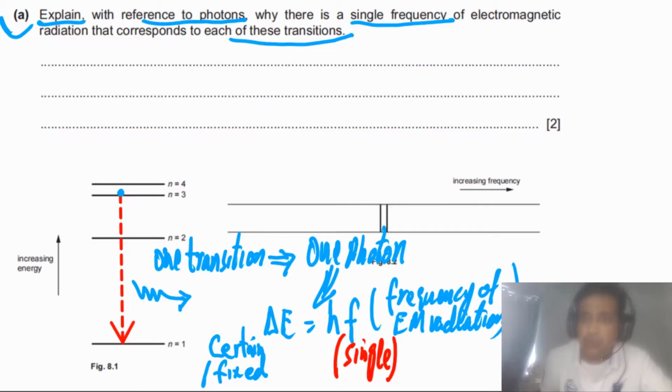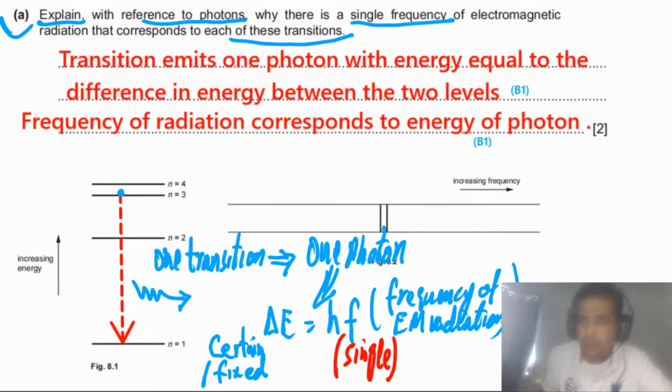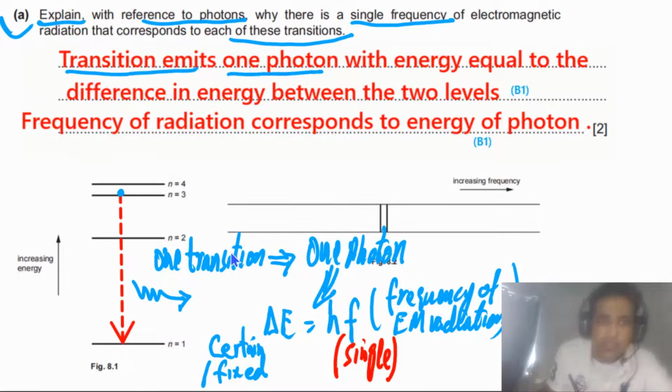Now let me show you how you can write down the answer for this question. In order to write the answer, you have to include these points. The first one, you can say the transition emits one photon, as we have discussed here, one transition, one photon, with energy equal to the difference in energy between the energy levels, meaning between two levels, delta E. This is a fixed amount of energy, because the energy difference between two energy levels is fixed.